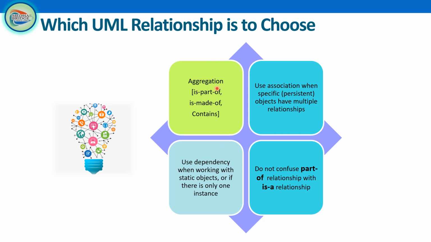Aggregation is part of, is made of, contains. If any of them make sense while you're working on models, you can easily identify that it is an aggregation relationship. Do not confuse the part-of relationship with the is-a relationship. You can practice, and you will be able to identify easily which relationship to choose.